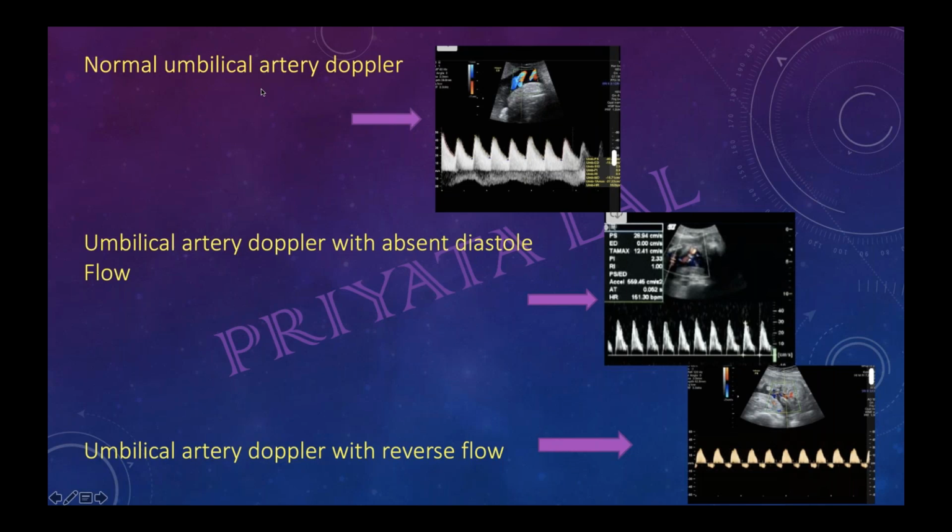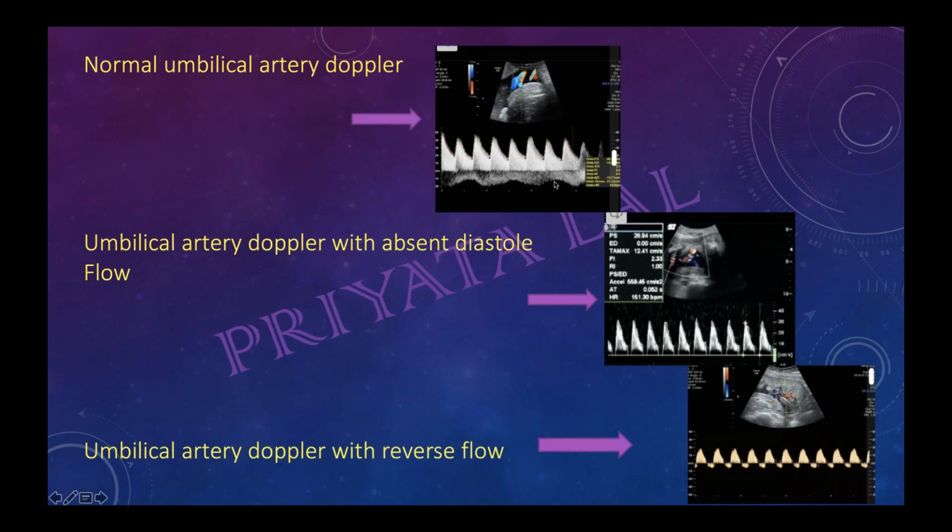Why it is important, we will see when we go through the guideline. Then in the second part of that chart, they wrote umbilical artery Doppler with the diastolic flow. Okay, so they were again speaking about this: normal is good systolic flow and good diastolic flow.